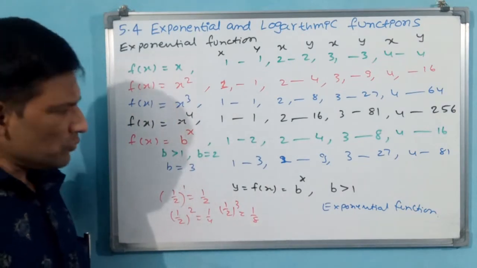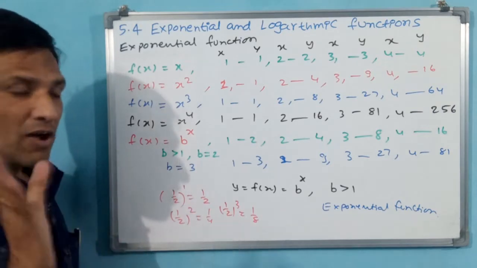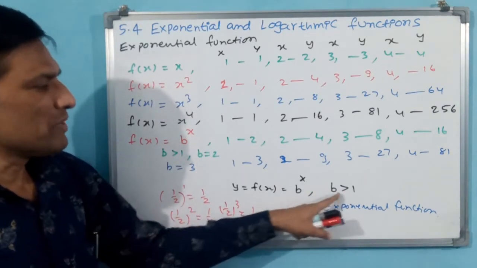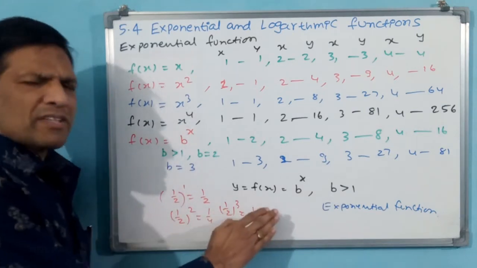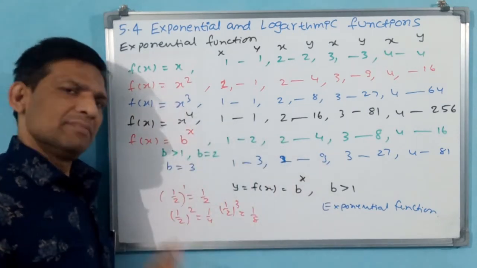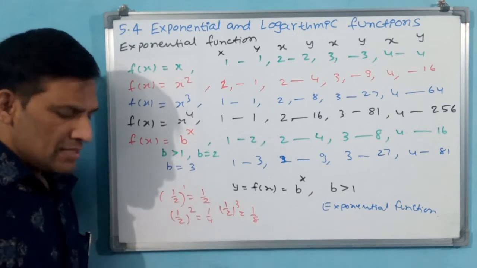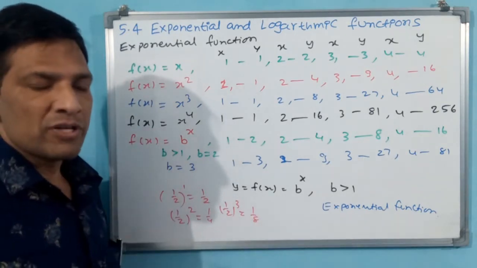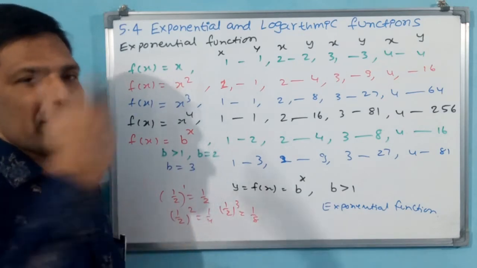Okay, exponential growth means this is the exponential growth. For this, what is the condition? The base should be greater than 1, b should be greater than 1. You see, f of x is equal to b power x. Think of this analogy, which is good for understanding: b is the base, put it in your mind, power x.